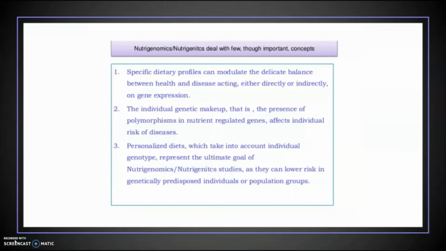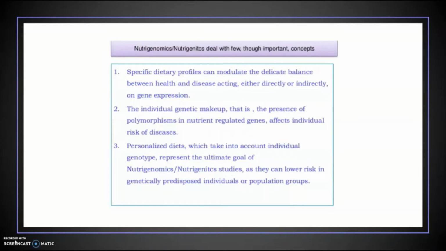Now next is nutrigenomics or nutrigenetics. Genetics deal with a few though important concepts. The first point is specific dietary profiles can modulate the delicate balance between health and disease, acting either directly or indirectly on gene expression.